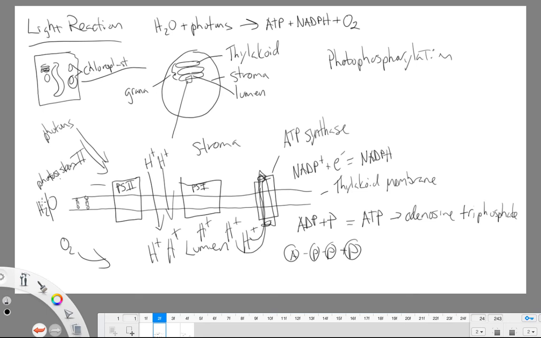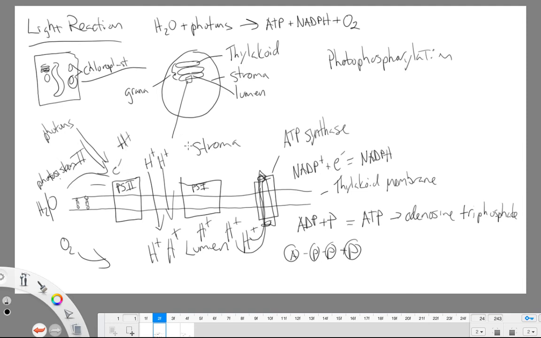And then the electron from this water molecule goes to replace that electron that was lost in this electron transport chain. And then these hydrogen protons just exist now as well, and can be used to pump through to the lumen. So that's what's happening. We have photon light energy exciting electrons in chlorophyll in these photosystems.